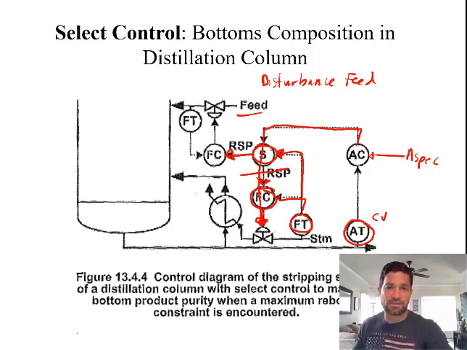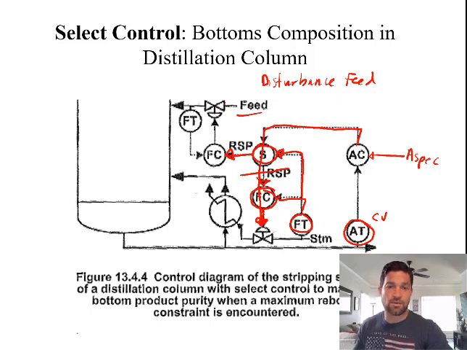When this is maxed out, the select controller switches to control the flow of feed entering the column. So a select controller will change between your primary manipulated variable and a secondary manipulated variable, and the secondary manipulated variable is set up on the disturbance to the system.